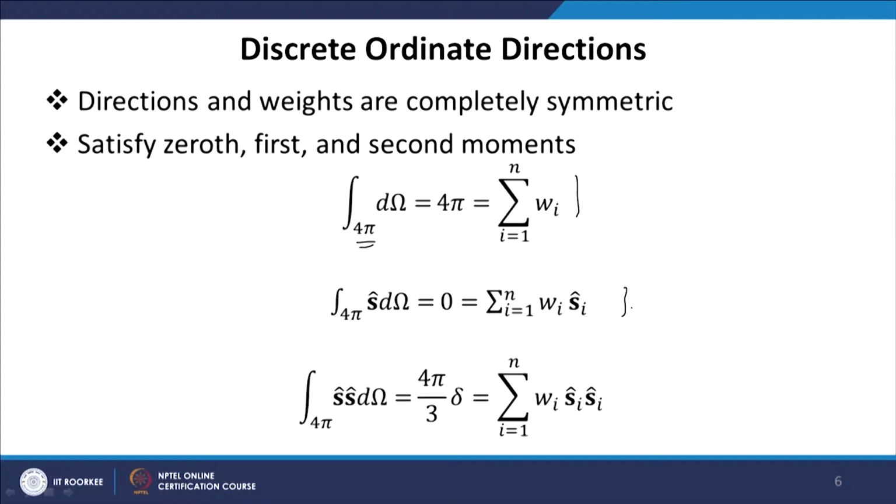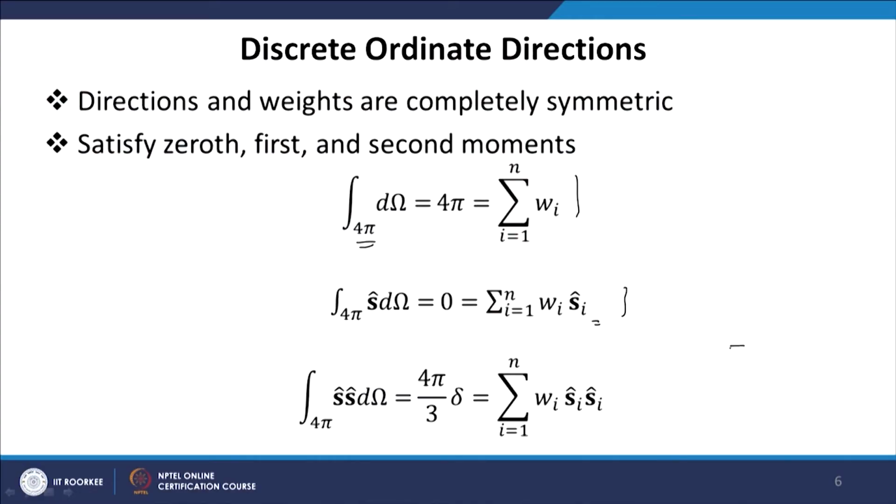So, in summation form, summation i equal to 1 to n, W_i S_i should be equal to 0, and similarly the second moment, integral of S cap times S cap d omega, should be equal to 4 pi by 3 delta, where delta is the identity matrix, and this should be equal to summation i equal to 1 to n, W_i S_i cap times S_i cap.